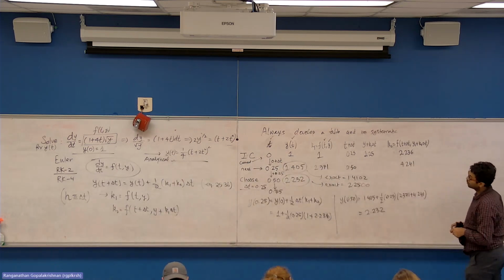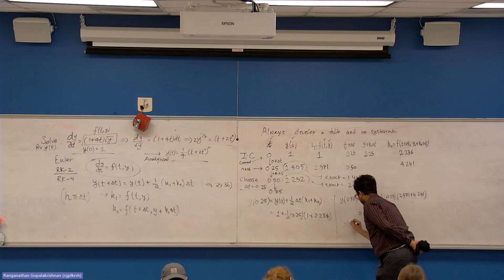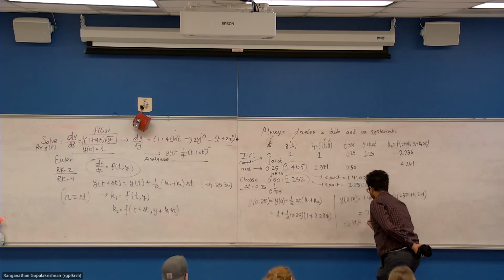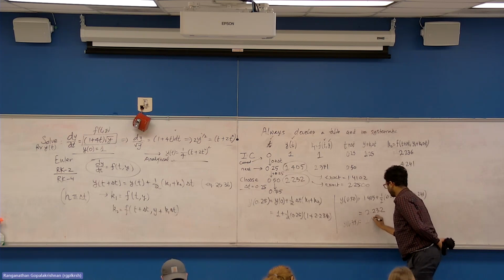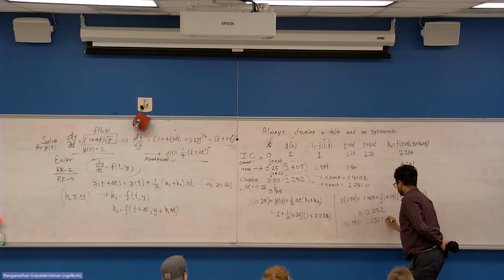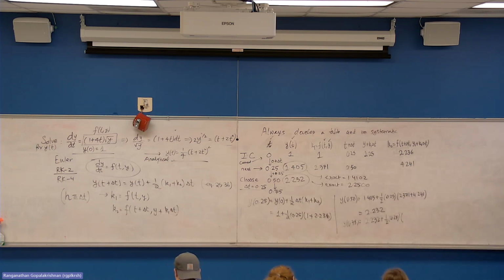So I want you to compute y of 0.75, which would be y of 0.50, which is 2.232, plus half times 0.25 delta t times k1 plus k2. So please get me k1 plus k2.